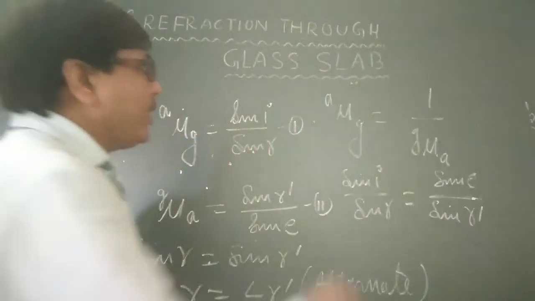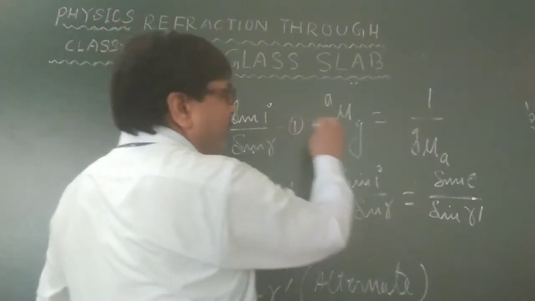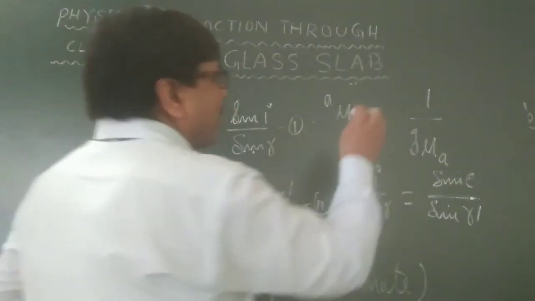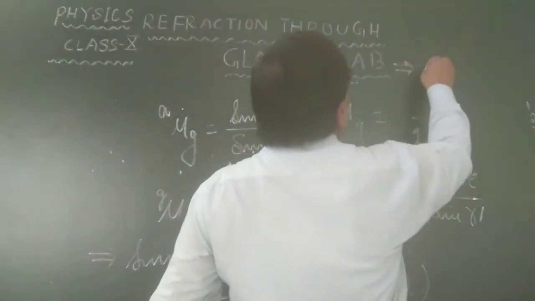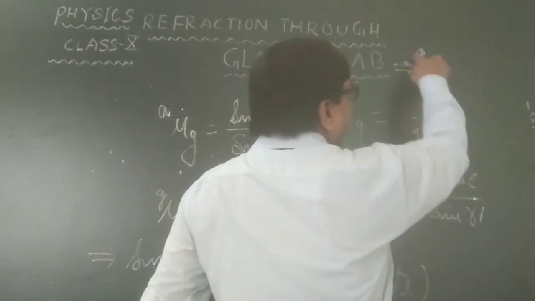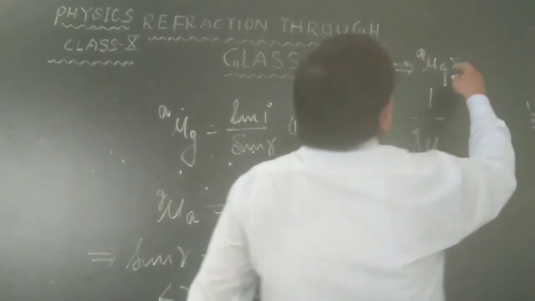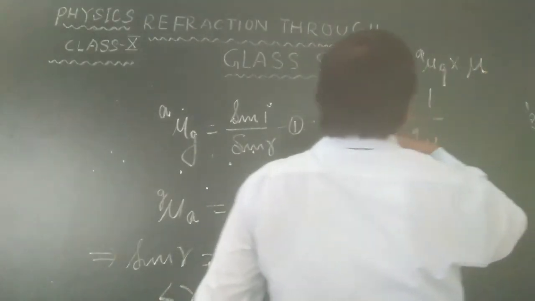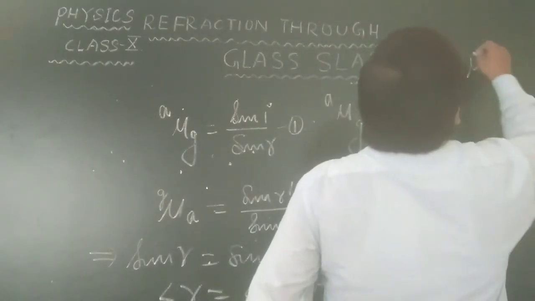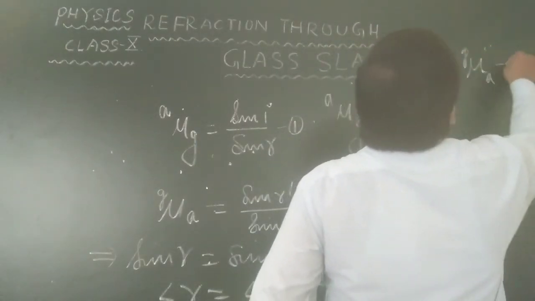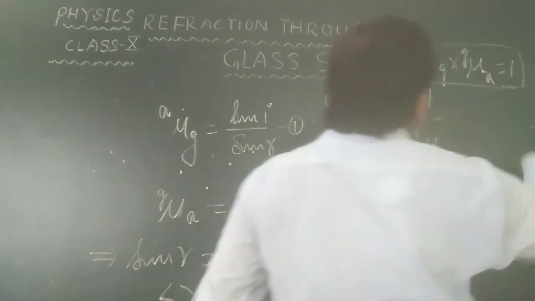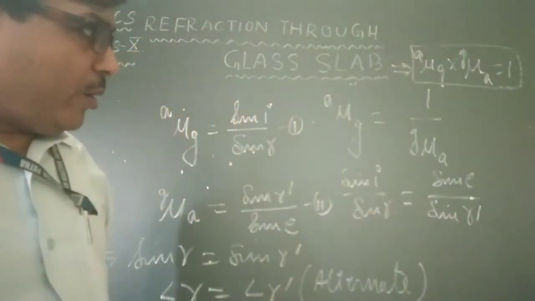Now this equation, as we know from here, the refractive index of glass with respect to air times the refractive index of air with respect to glass is equal to 1. You know this law. From that we can find the result.